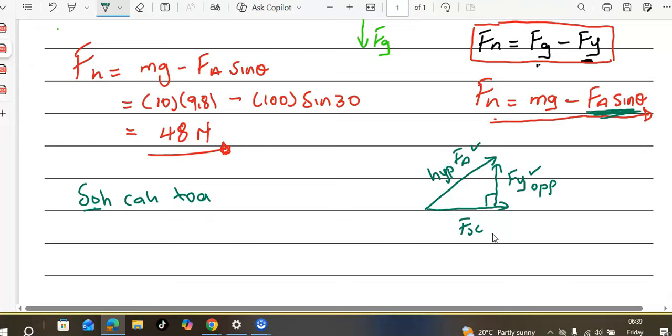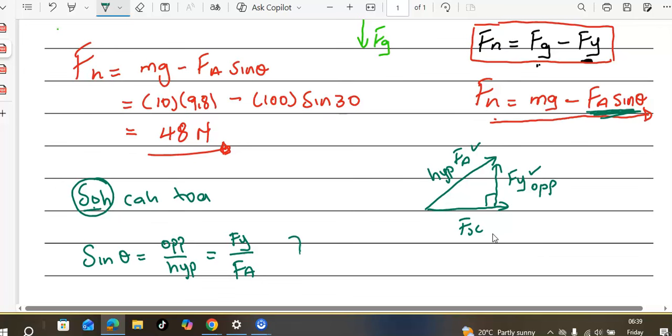So we look for O and H. This is the trig ratio that we need to use: sine of theta is equal to opposite over hypotenuse. And the opposite is Fy, the hypotenuse is Fa.